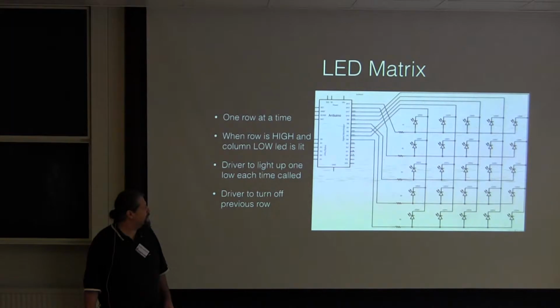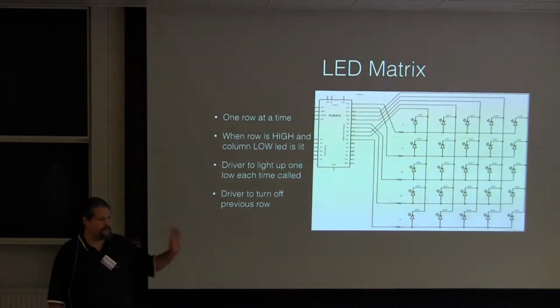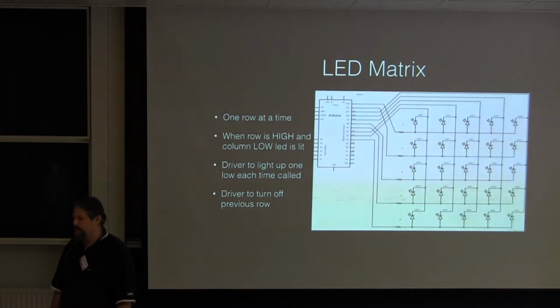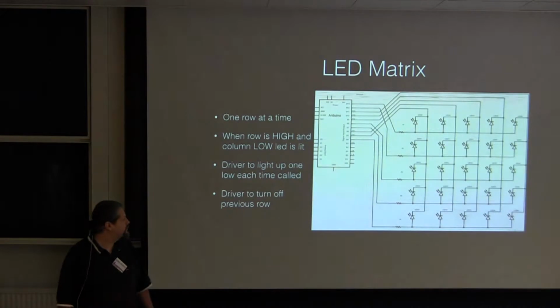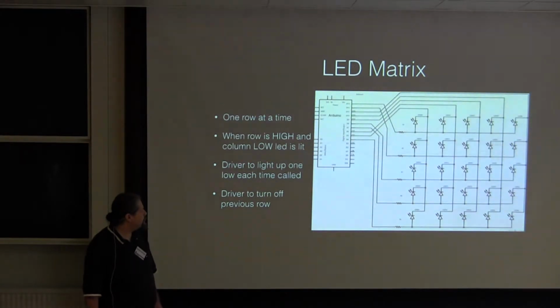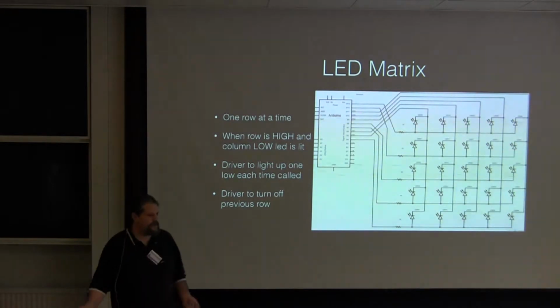And it works so that the row, you turn that one high, and each column you want to show, you turn that one low. And you get the potential between them to actually get the LED to light up. This is a very simple one, so I have put one resistor on each row, and that will, like if you turn on all the LEDs, it might be a little different in the light than if you turn on just individual ones.